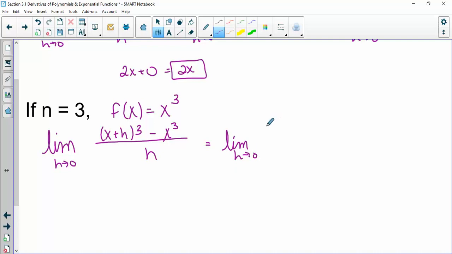So x plus h cubed, you could multiply it out 3 times. You could use that shortcut trick we talked about last week. Do you guys remember that, the little pyramid? So it would be a 1x cubed, a 3x squared h, a 3x h squared, and h cubed.